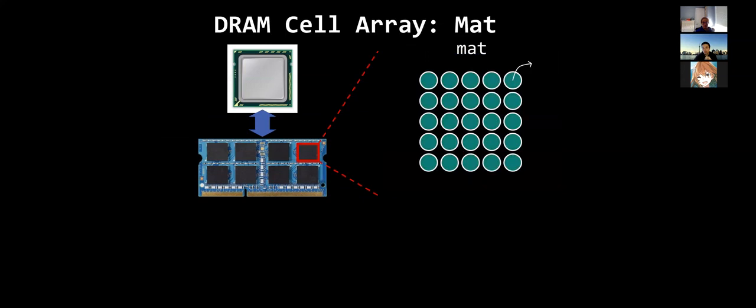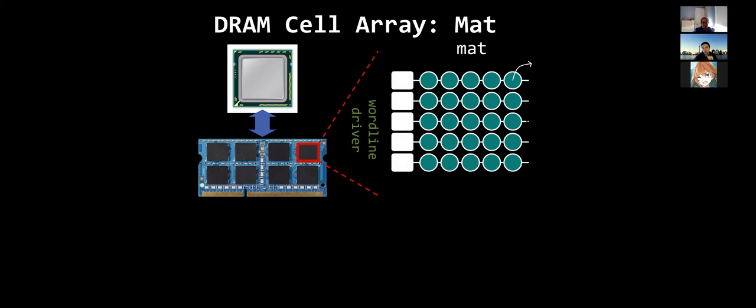The best way to think about a mat is a 2D array of memory cells, right? So you see how many layers of hierarchy. You can have multiple different chips. Chips have different numbers of banks, and within banks, there are multiple mats, and within mats, there are multiple cells. I'm not going to go into the reason why it's built this way, but this is how it's done.